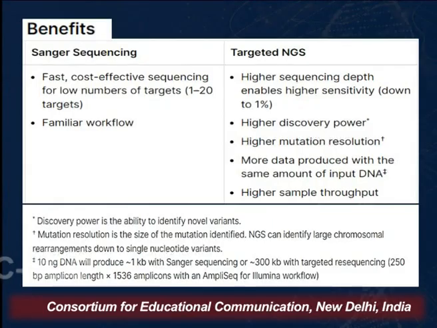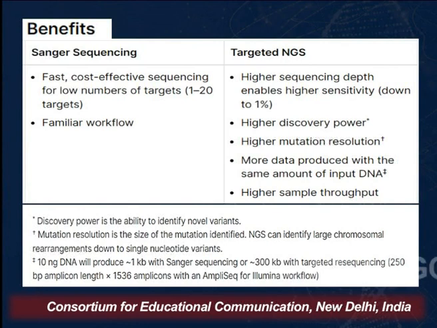The benefit of the Sanger sequencing method is that when you have a single or a small number of samples, Sanger sequencing comes very handy, because the cost is comparatively lower, but it is usually used when you have only a single or very few samples that need to be sequenced.